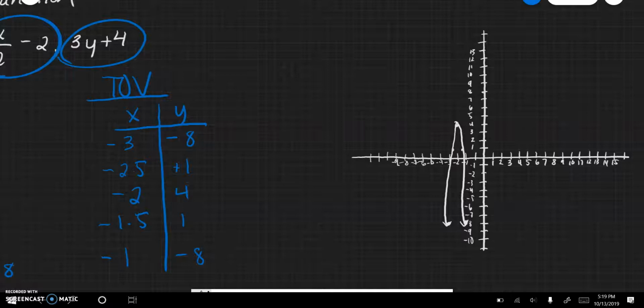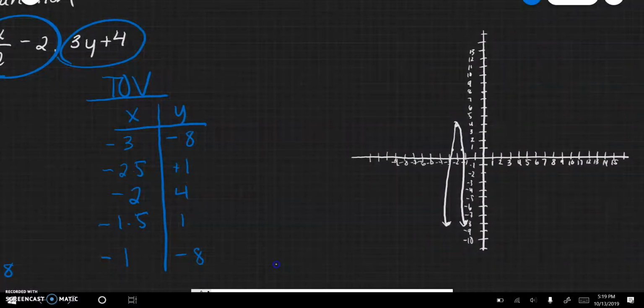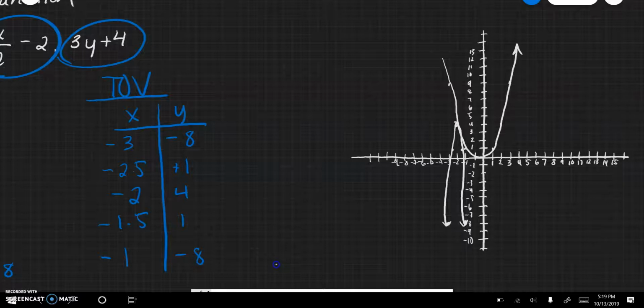In comparison, my other function would have been something like here: 1, 1, 2, 4, 3, 9, 2, 4, 3, 9. So that's what my original function would have looked like.